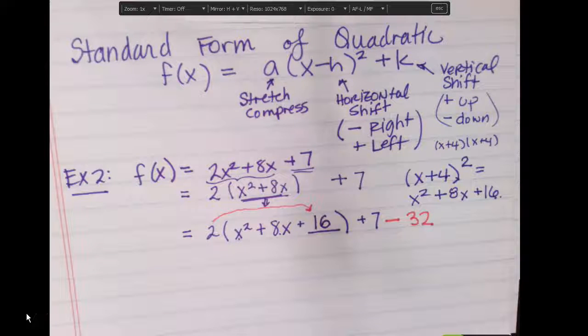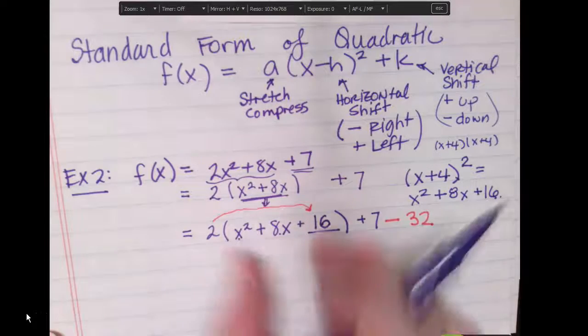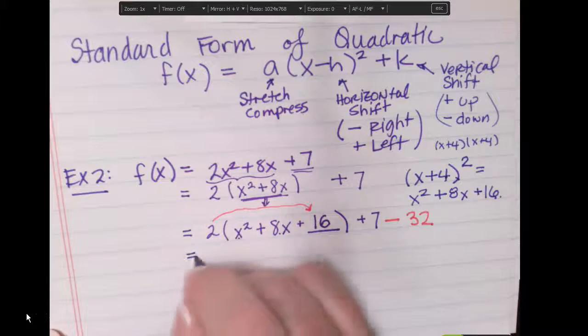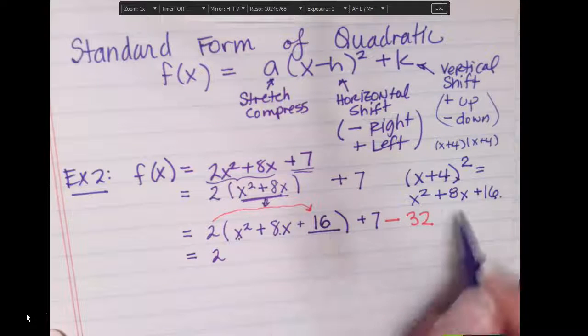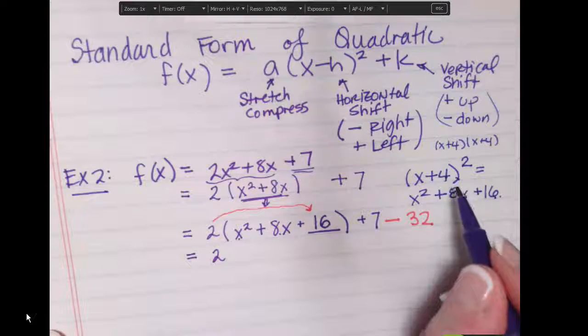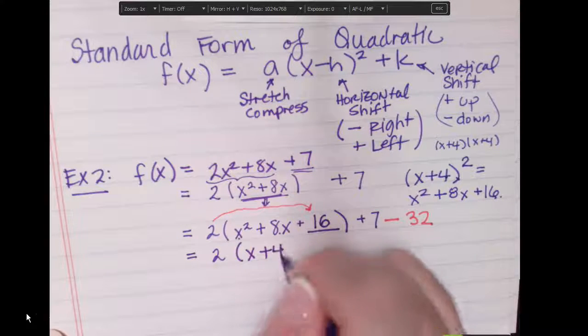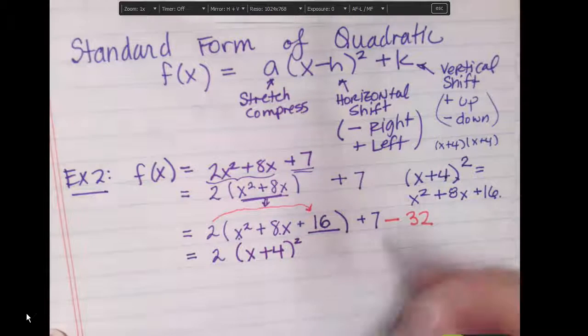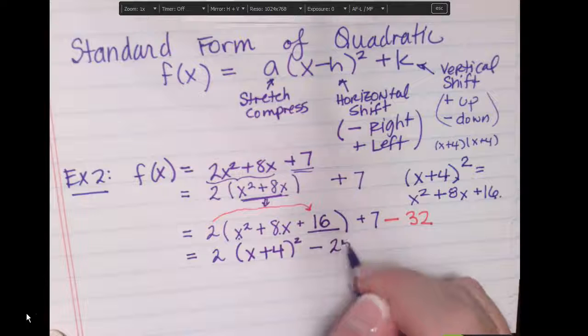So I've completed the square, but now I need to factor this thing. I know that x squared plus 8x plus 16 is x plus 4 squared, so I'm going to rewrite it like that. And then I'm going to combine like terms, and 7 minus 32 is minus 25.